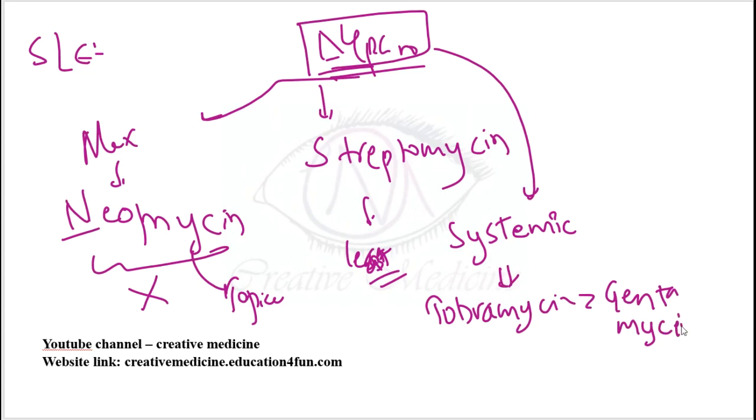So tobramycin can be used systemically followed by gentamicin. The most nephrotoxic aminoglycoside which is used systemically is tobramycin, whereas the most nephrotoxic aminoglycoside which is used topically is neomycin.